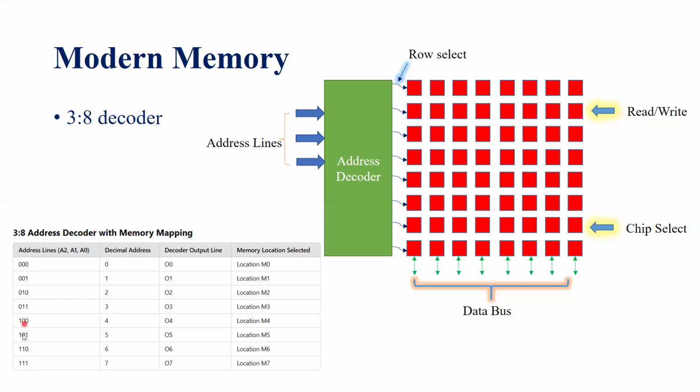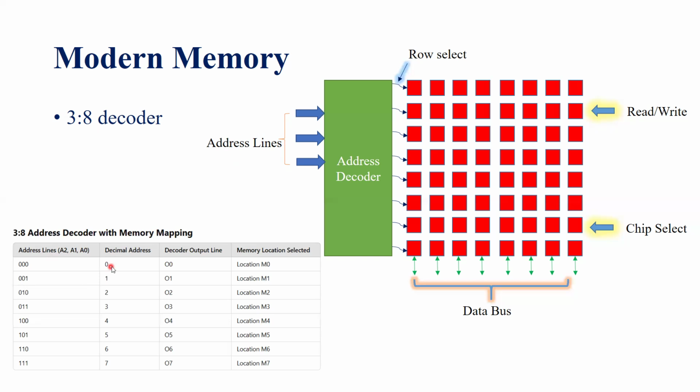So there are a total of 8 memory locations for the three address lines, and each of those memory locations stores data called a word, and that word indicates how many bits are inside that location.